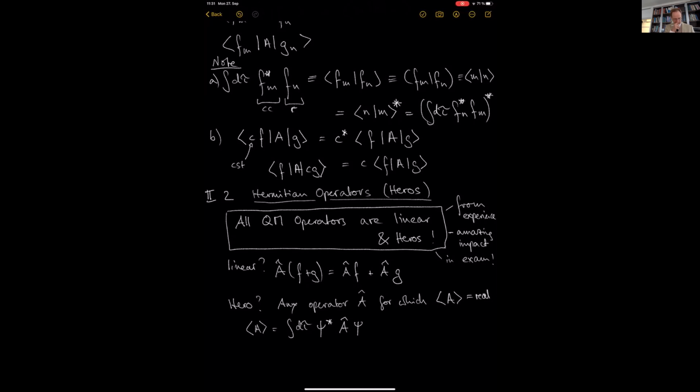Now, because it's real, your A could operate on the conjugate or on the other side. In other words, we could also say you will get the same eigenvalue, so we can say that psi should operate to the right.